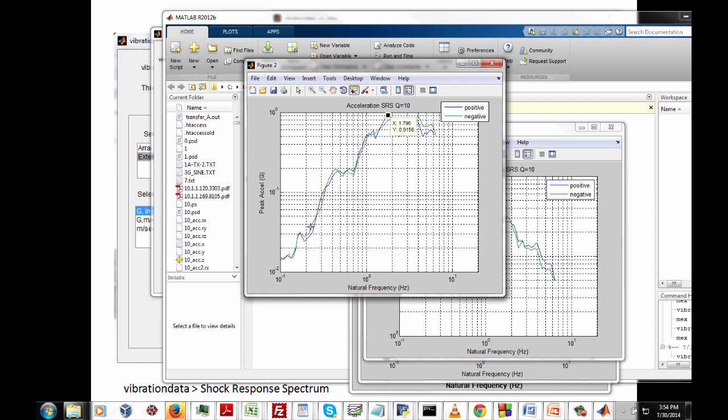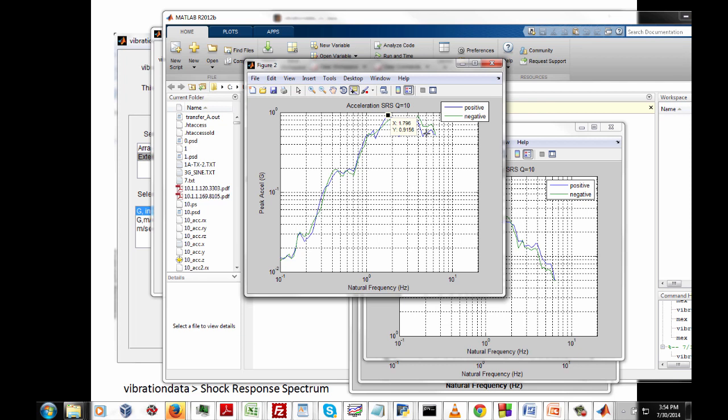And we could have gone frequency by frequency, picked off the peak values and plotted them. Well, the SRS program that we just ran does all that bookkeeping for us. So it goes through the response time domain calculation, records the peak positive and peak negative values, and then discards the rest of the response time history for each natural frequency.